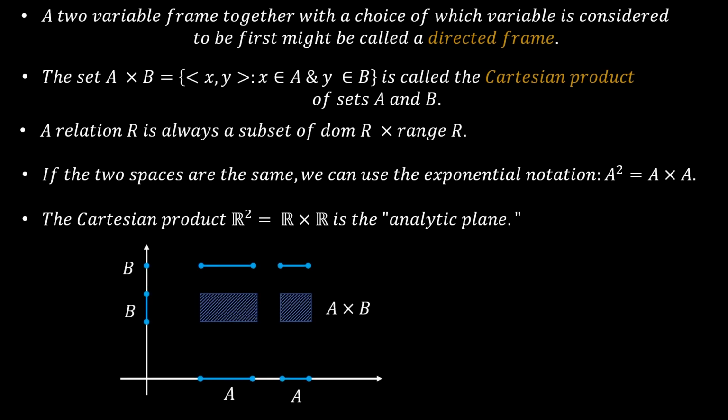This is an example: if we have A being a set from here to here, and B being a set from here to here, then the Cartesian product is simply the region determined by the domain here and the line here. So that is just an expression of what a Cartesian product of two sets is.